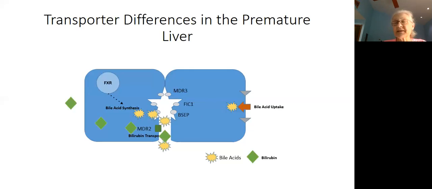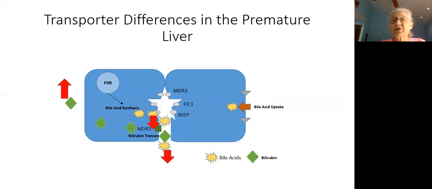There are also differences in transporters of bilirubin. So bilirubin comes from heme. Babies are born with high hemoglobins that rapidly fall because they don't need a hemoglobin of 20 when they are born, and all that heme needs to be processed and then conjugated in the liver and transported out.